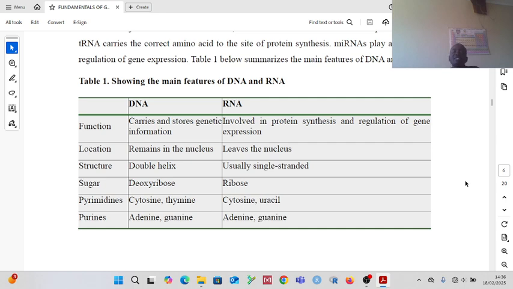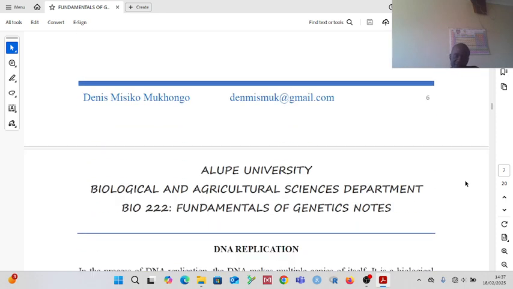So anytime you see uracil on a sequence, that is an RNA sequence. Anytime you see a thymine on a sequence, that is definitely a DNA sequence. But the purines are the same because all of them have adenine and guanine. Then of course, for the pyrimidines, both of them have cytosine.